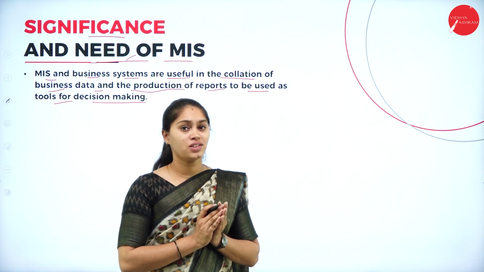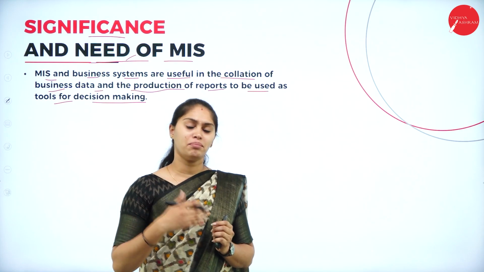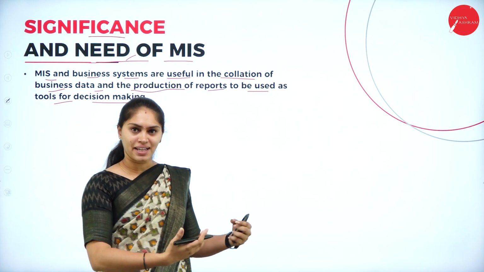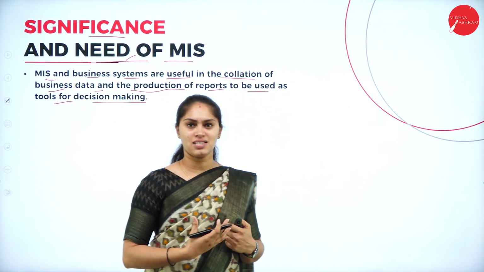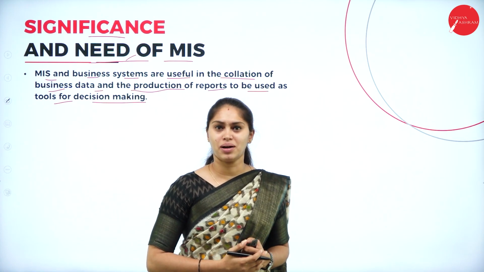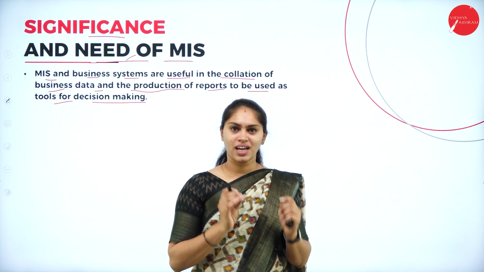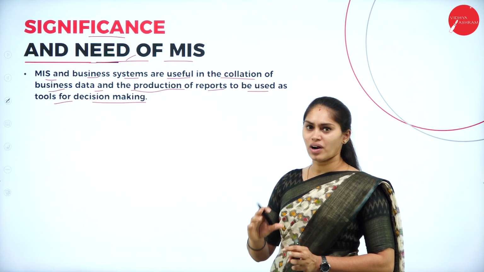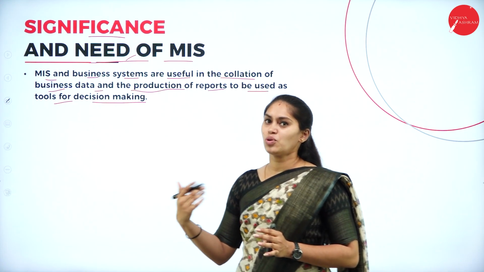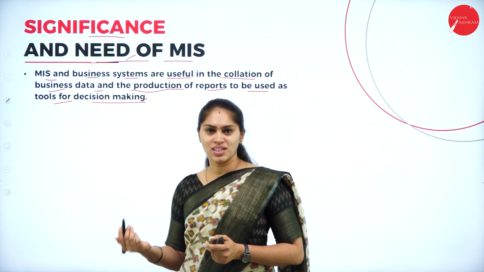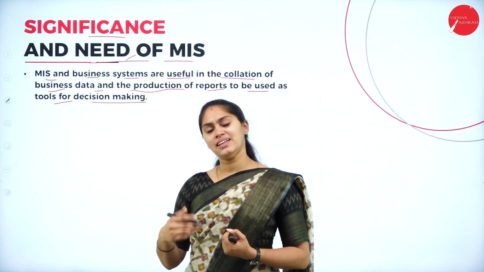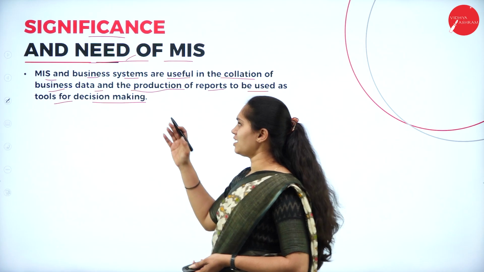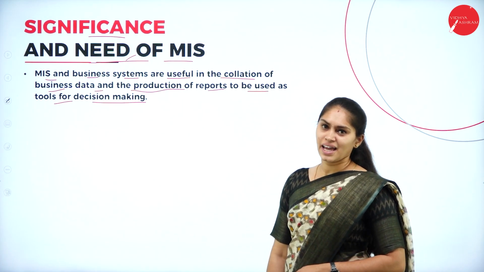But with the help of MIS, that means with the help of a computer system, I can do analysis, I can find out what the market needs, what the requirements of a customer are, and how I can satisfy the customer. By doing all those things, we can make decisions. So the significance is that we integrate the computer system or information technology with the business, and that helps me make the best decision. This is the significance and need of having MIS.